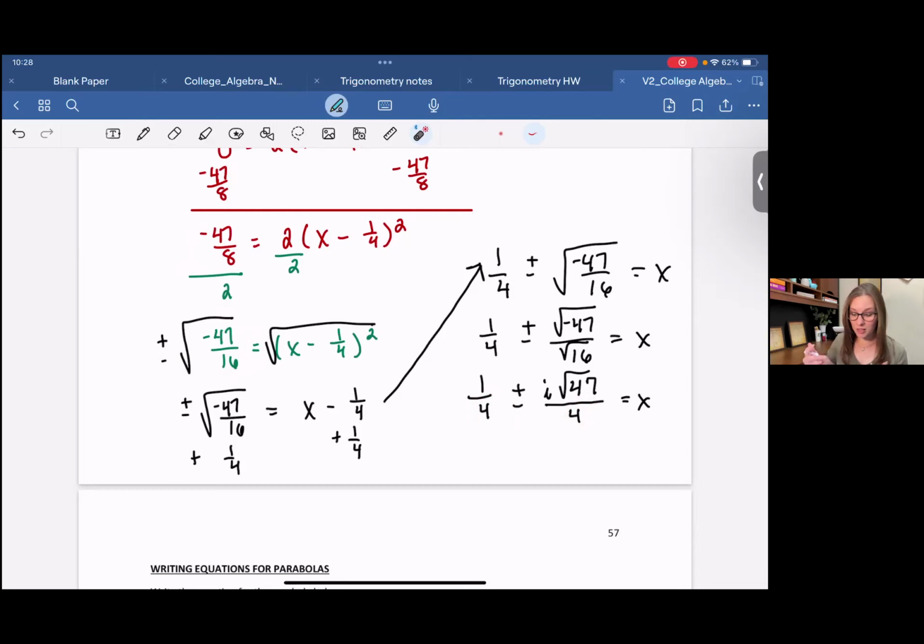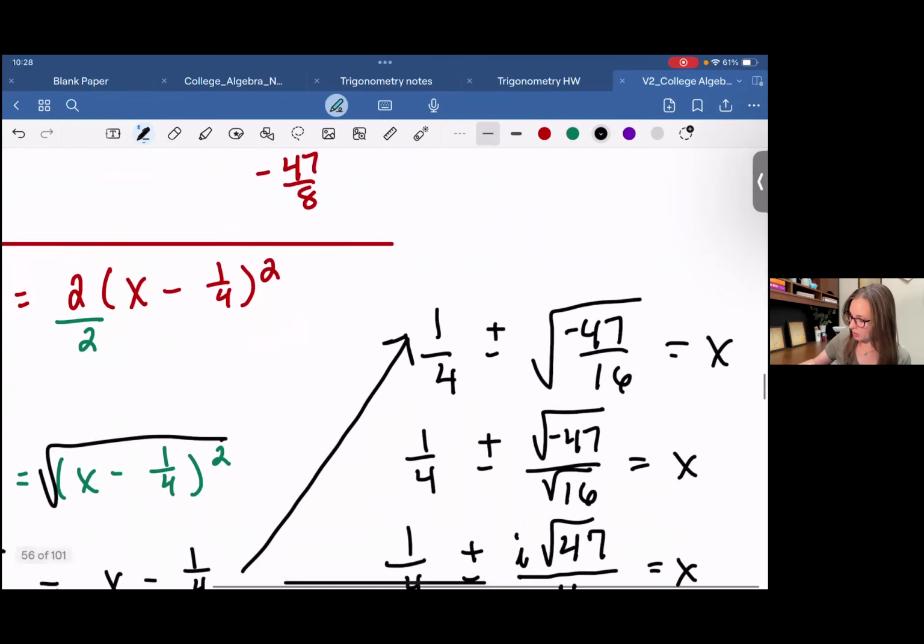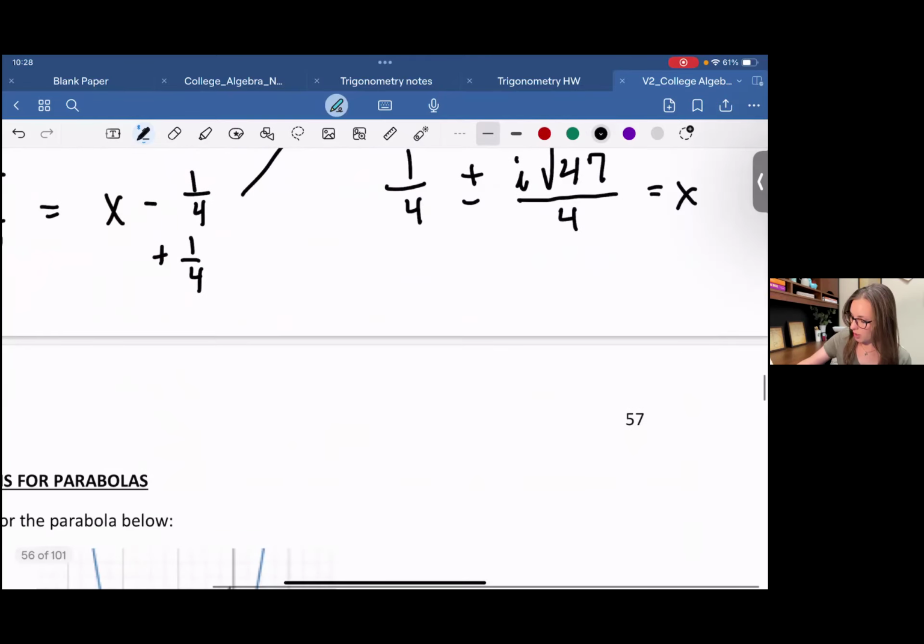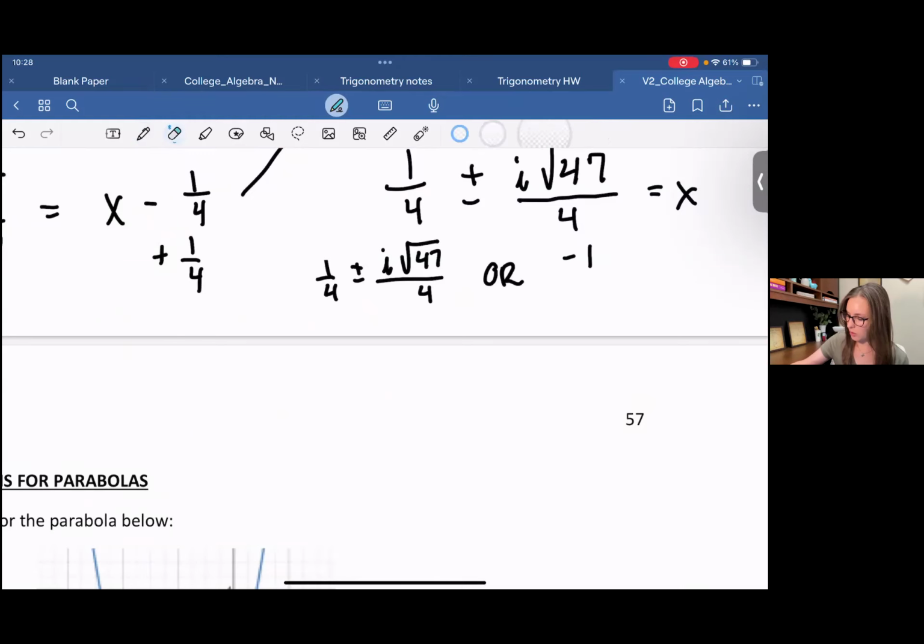And we can just join these into one answer, or keep it as separate fractions. So you can write this as 1/4 plus or minus i root 47 over 4, or you can write it as one fraction. Where did I get negative 1? I'm so sorry.